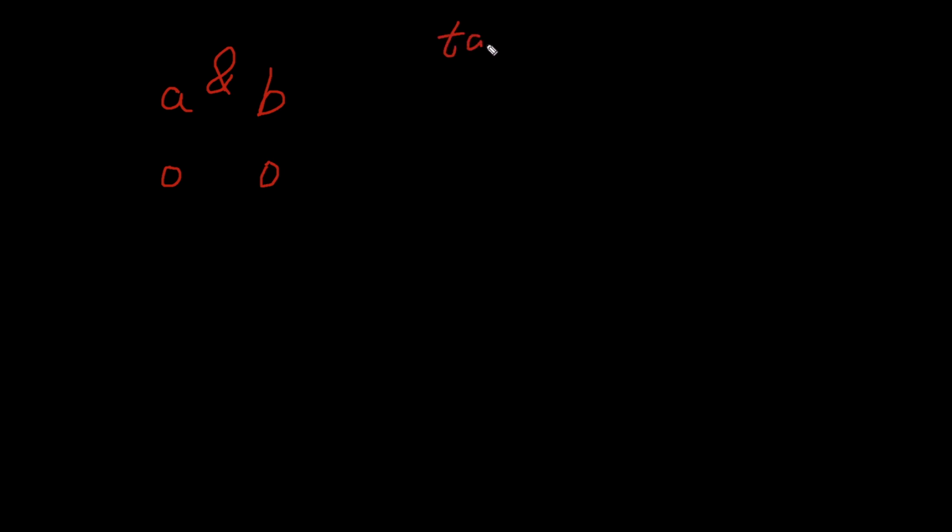So we have target is 1. So how can we change 0 and 0 to 1? We have several options, right? So the first option is what? We change both 0 to 1, and 1 and 1 will become 1, right?